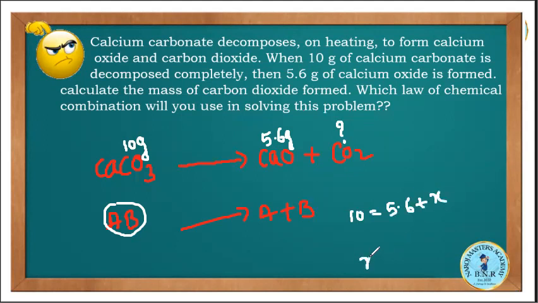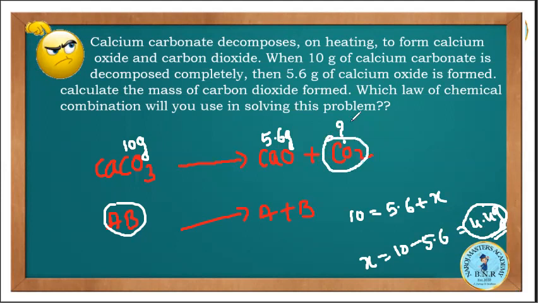Then x is equal to 10 minus 5.6. How much is it? 4.4 grams. 4.4 grams of what? CO2 is obtained in this reaction.